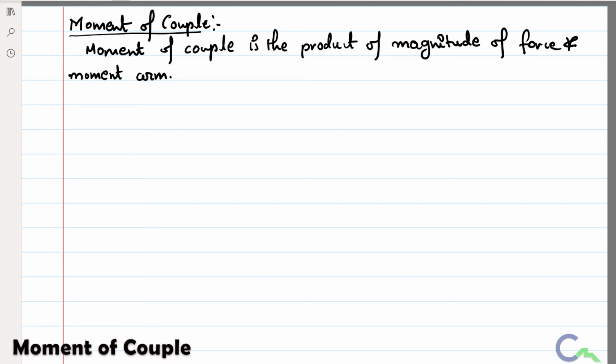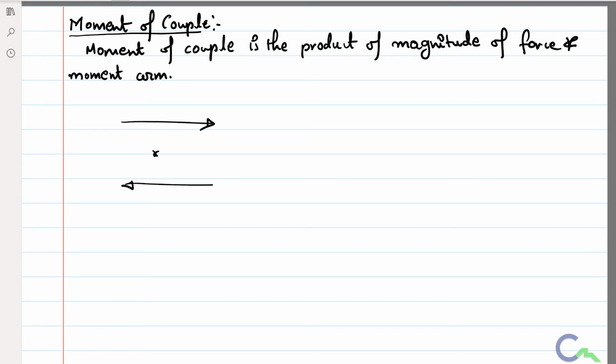The next topic I am going to explain is the moment of a couple. Moment of a couple is the product of the magnitude of the force and the moment arm. I am going to explain this concept using three examples.